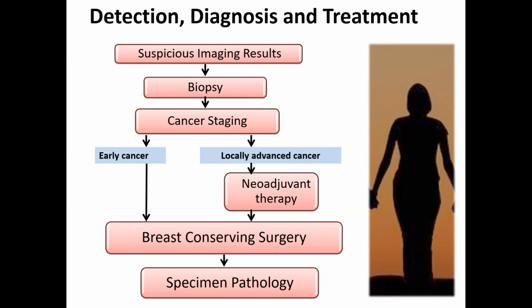If the diagnosis comes positive, then cancer staging is performed in order to evaluate the best treatment option. In cases of early cancer, typically breast-conserving surgery is recommended. In cases of more advanced cancer, possibly neoadjuvant therapy can be used to reduce the size of the tumor and possibly offer an effective surgical option.